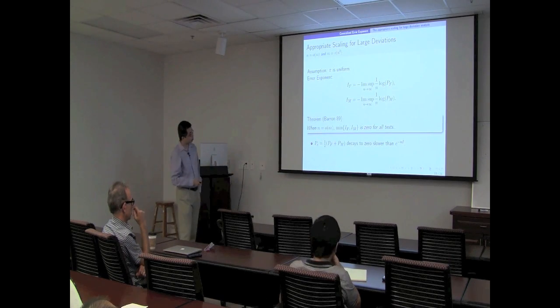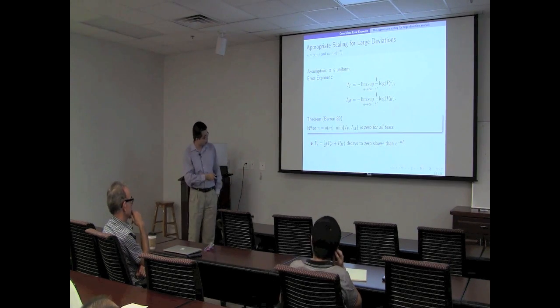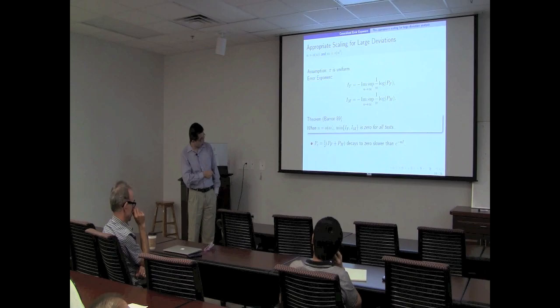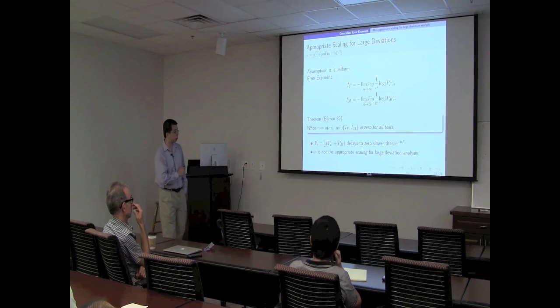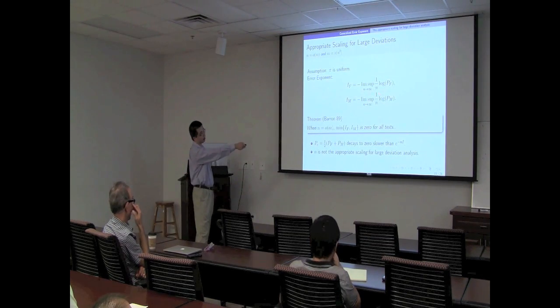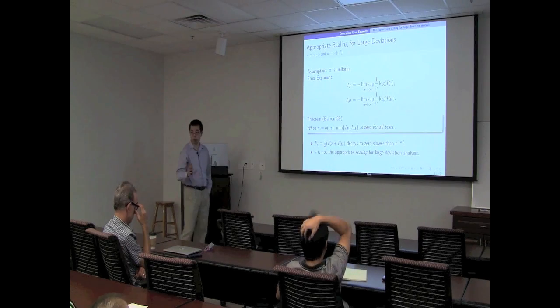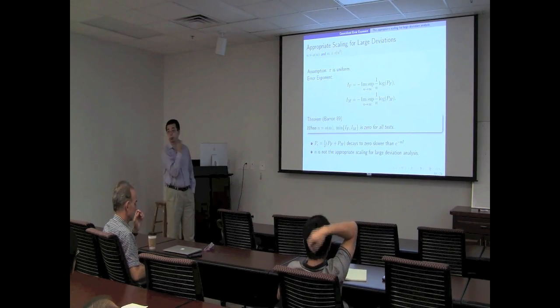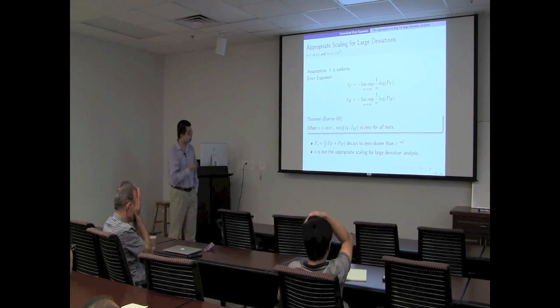Okay, so the background result basically showed that for any test, this product of error will decrease to 0 slower than exponential in n. And therefore, if you look at large deviation analysis, because you need to pick a probability scaling here, n is not the right one in this region. Okay.